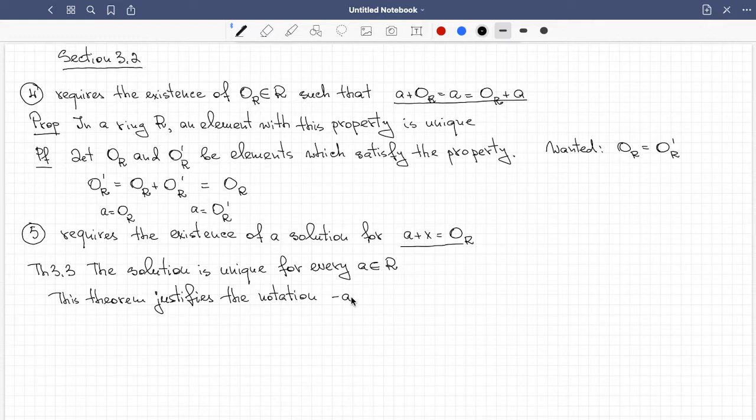Negative A. So by definition, we did not have any negative signs before.